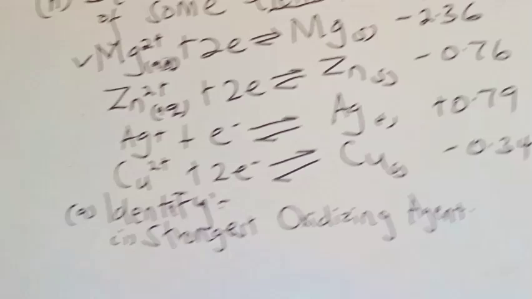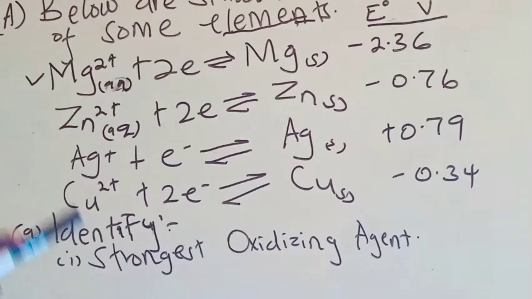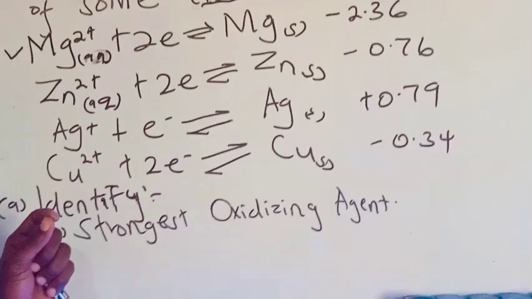So before you solve this equation, you must study it and analyze it first. You have 4 elements, and the potentials have been given. From our last session, we said that you must first identify the strongest reducing agent and the strongest oxidizing agent from these values.